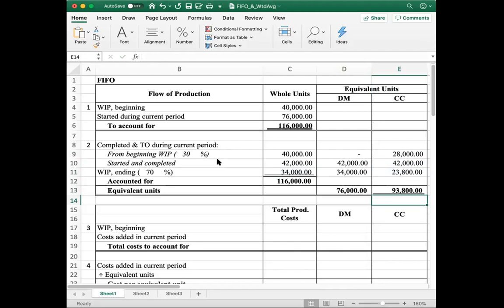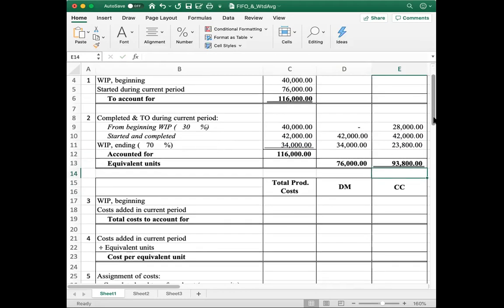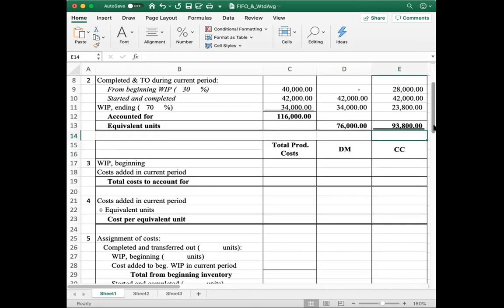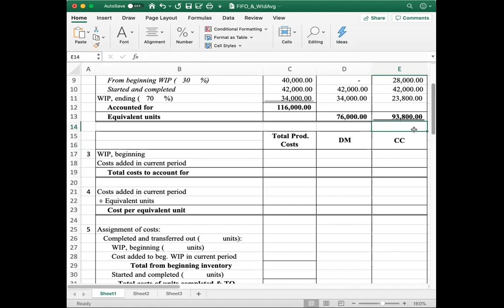Now this completes our part 2, the units part. Now we move on to part 3, which deals with the cost. All right, so the beginning work in process cost for direct material is given at 40,000.